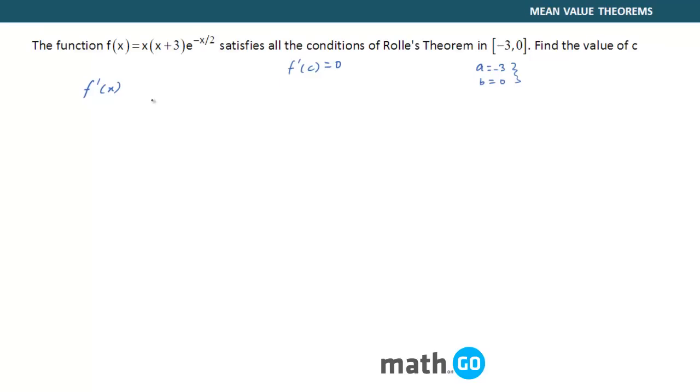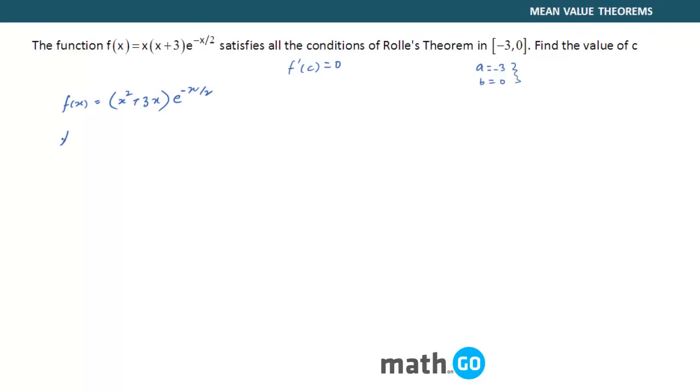So for that, what you do is find f dash x. You'll follow the product rule. For the product rule, first of all, let me simplify f(x). Let me say my f(x) is nothing but x square plus 3x, right, e raised to power minus x by 2.